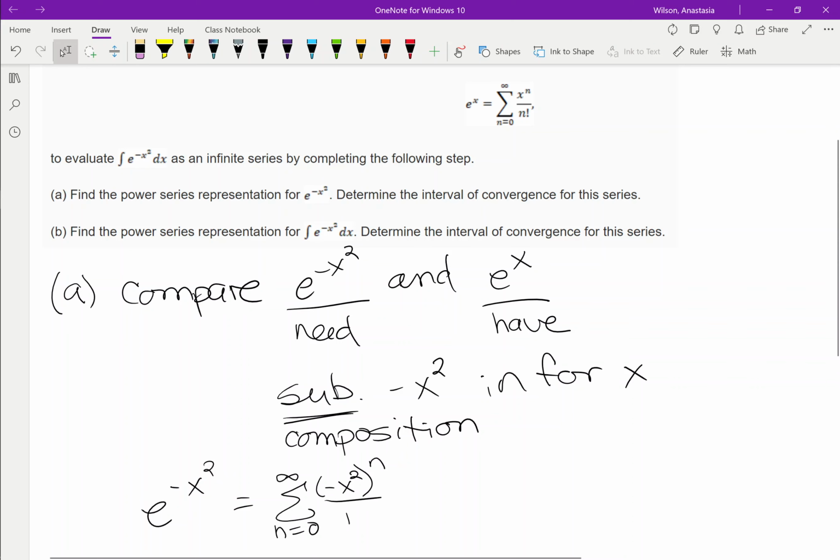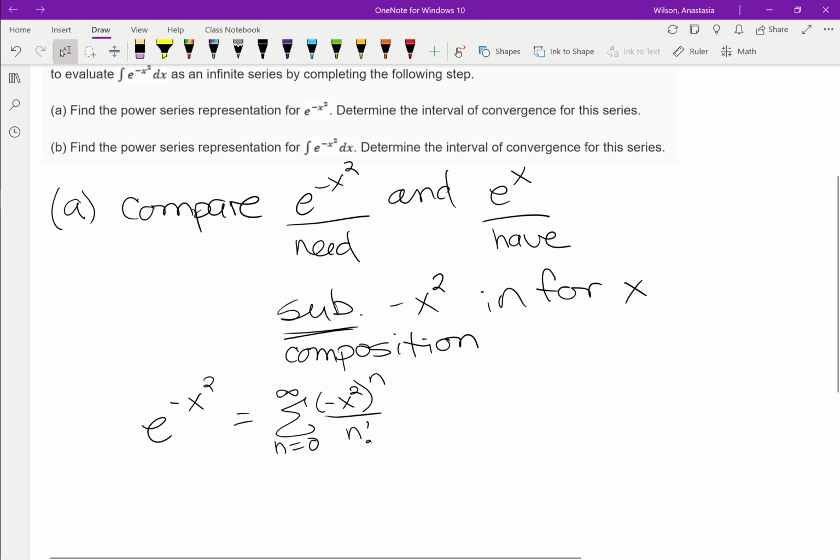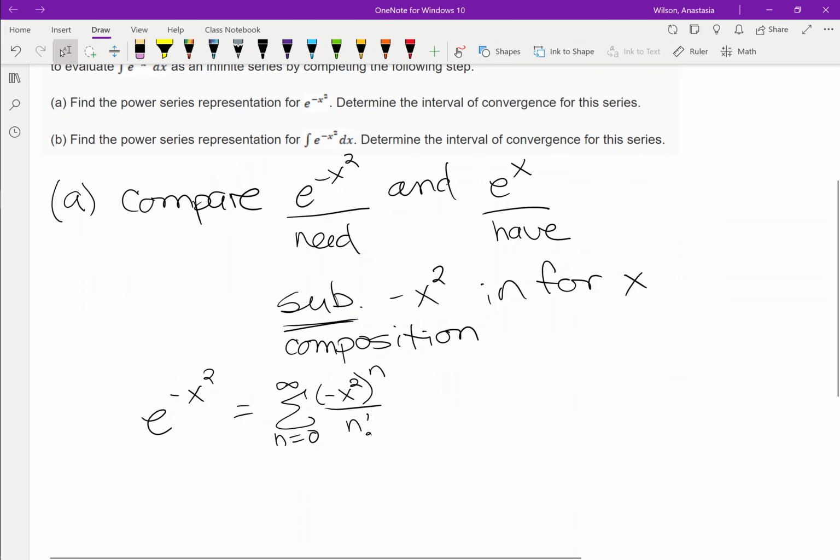We'll raise that to the n, and we'll divide by an n factorial. As far as this part of the problem goes, we don't necessarily have to rewrite it, but in order to complete part B, it is going to be a lot easier if we rewrite this series a little, so I'll go ahead and do that here.